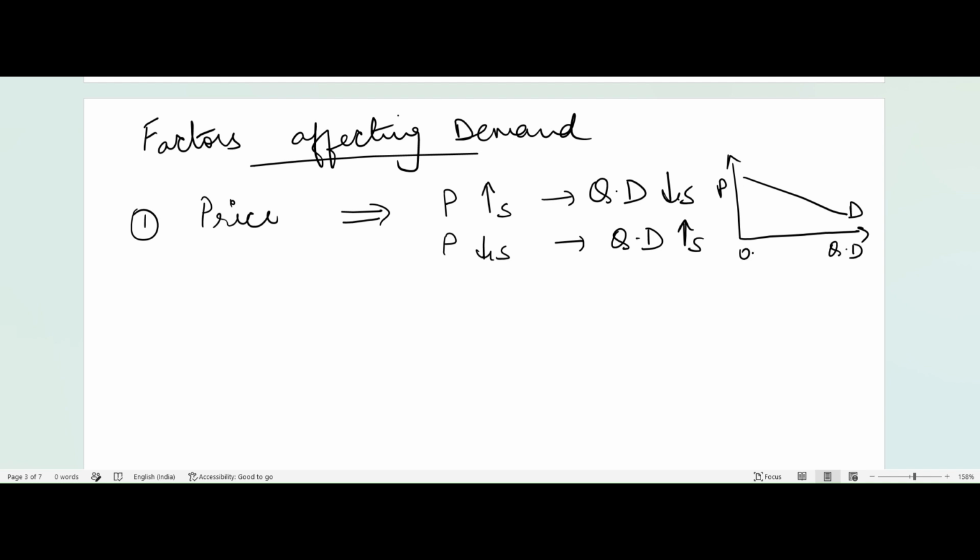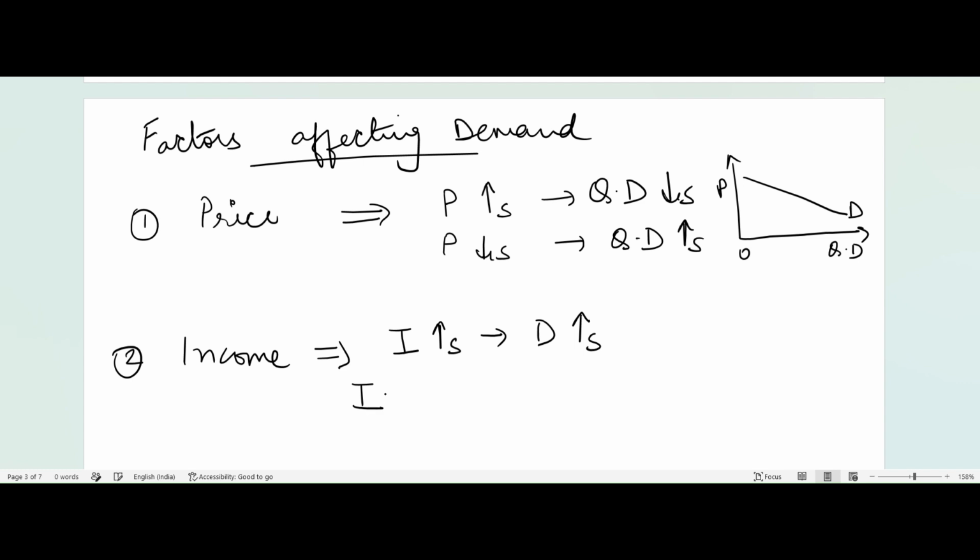Now, the second factor affecting demand is income. As your income increases, the demand for certain products might go up.